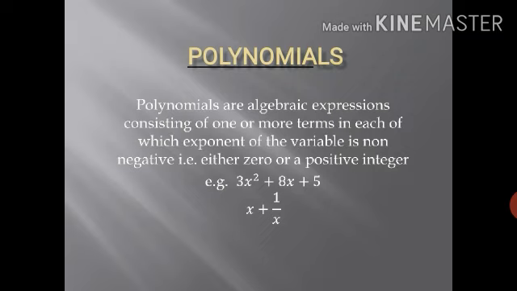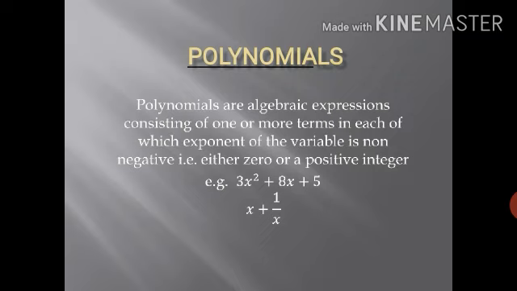In the constant value, x can have the power 0, and whenever there is a 0 power, that is equivalent to 1. So in the first expression 3x square plus 8x plus 5, all the exponents of the variable are non-negative. That's why it is a polynomial.